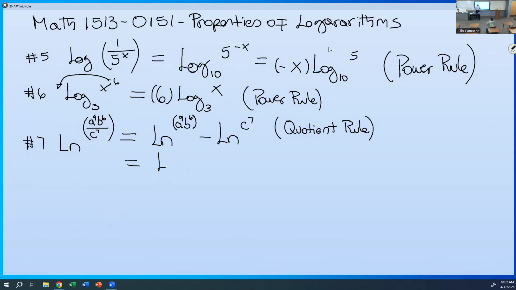And it will be the natural log of a to the 9 plus the natural log of b to the 6, and we put the last part that we did before, the natural log of c to the 7. And that is the product rule.